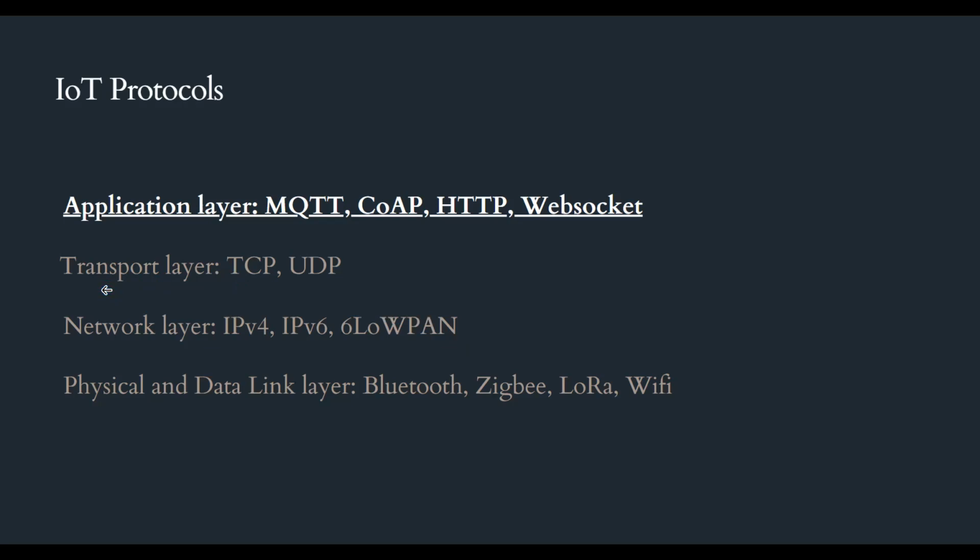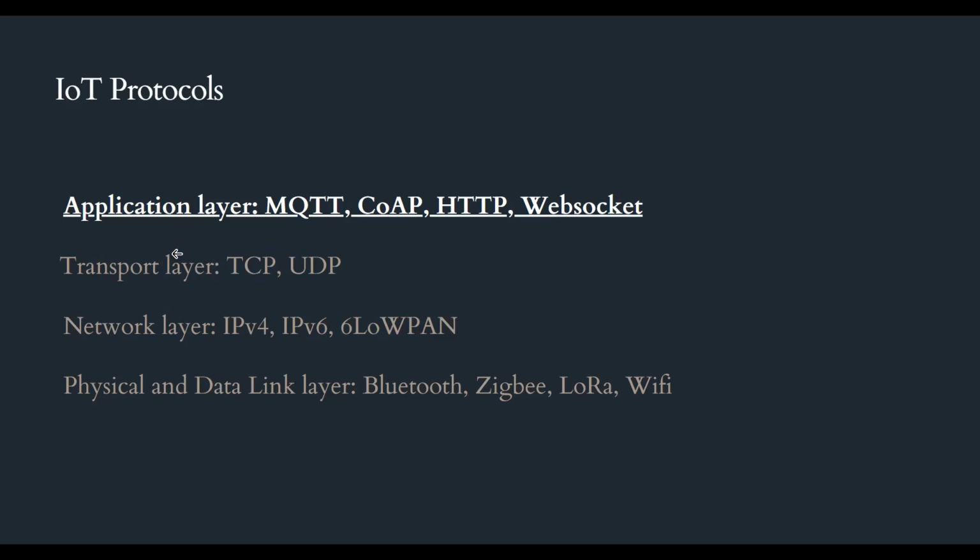Next, we talked about TCP, the Transmission Control Protocol, and UDP, the User Datagram Protocol, which are used in the transport layer to ensure that the packets reach their destination through a certain route. We have talked about those protocols, and currently we are going to talk about the application layer protocols.